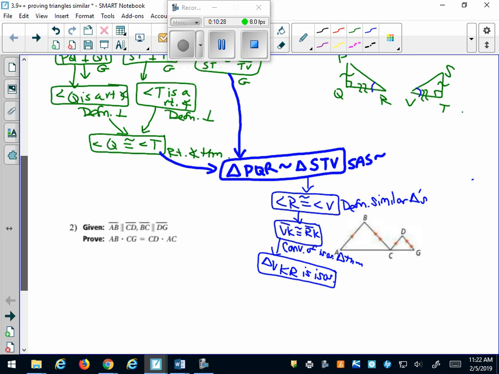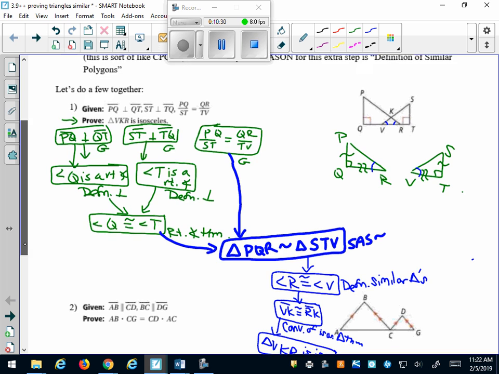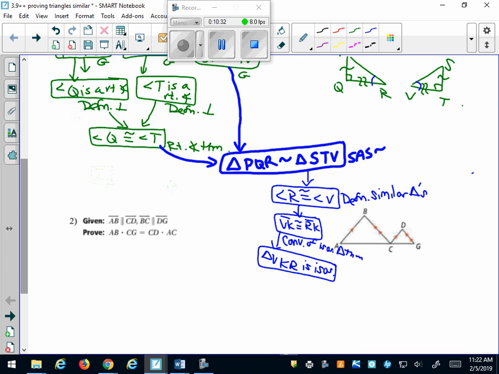Reason? What's the reason? Definition of isosceles, right? By the way, there will never be a reason that contains the word definition and theorem.